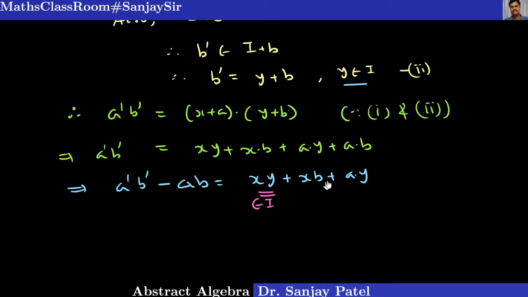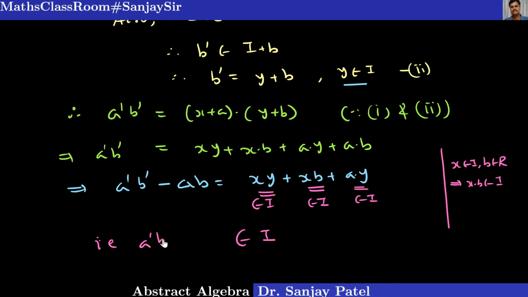X belongs to I and B is any element of the ring, so X into B also belongs to I by definition of ideal. Same way, Y belongs to I and A is an element of the ring, so this element also belongs to I. And I is a group with respect to addition, so this plus this plus this, that is this whole right hand side, belongs to I. So that means we have proved that A'B' − AB belongs to I.